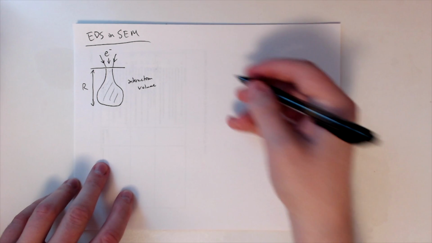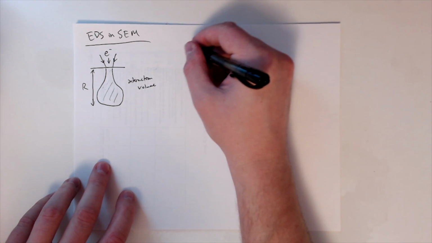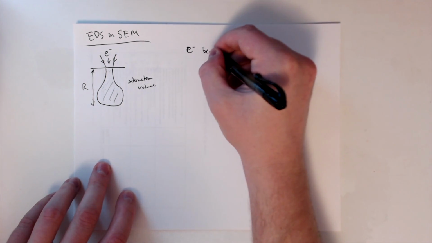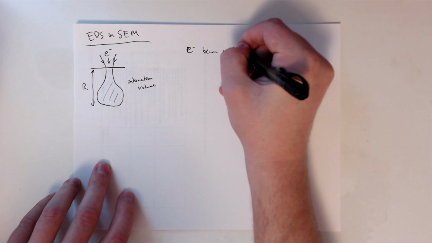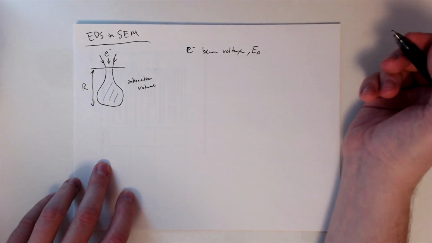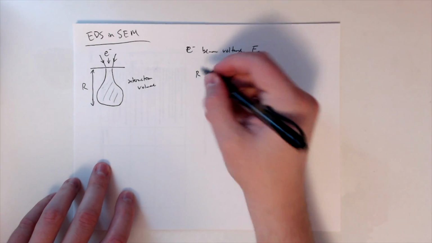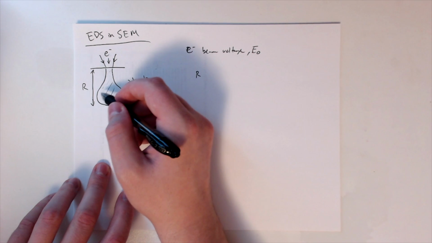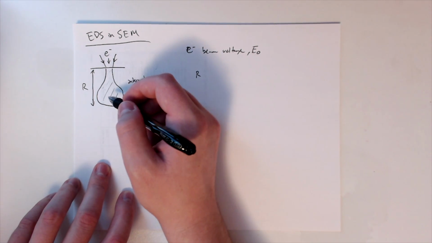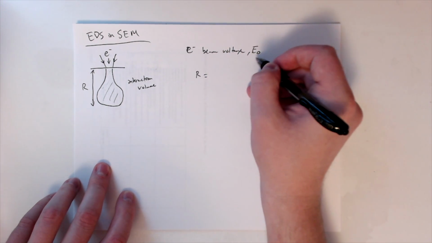It varies depending on the beam voltage, which we call E naught. The size of it, which we call R, basically the depth of this teardrop, is related to this value.